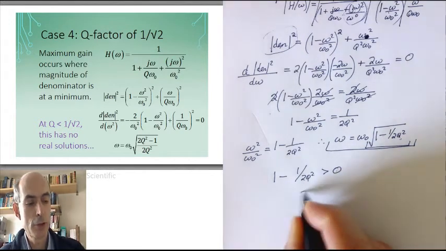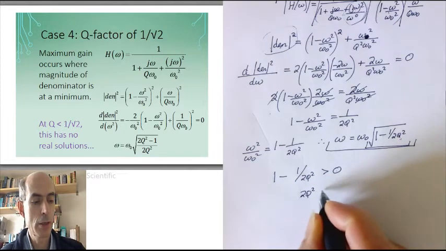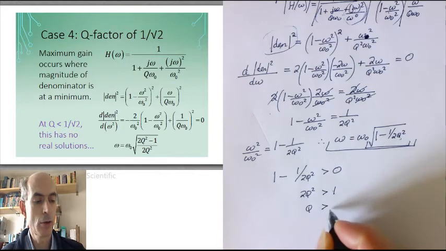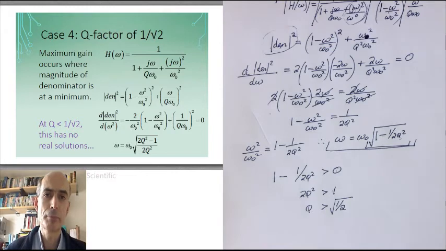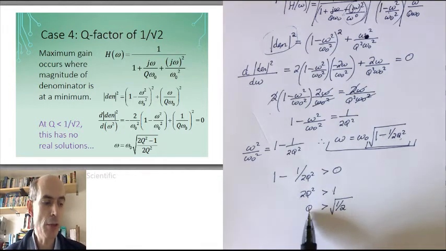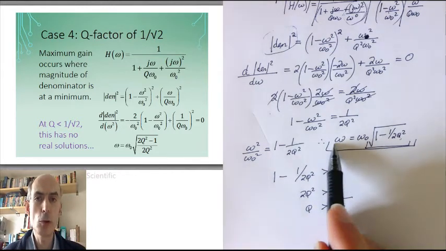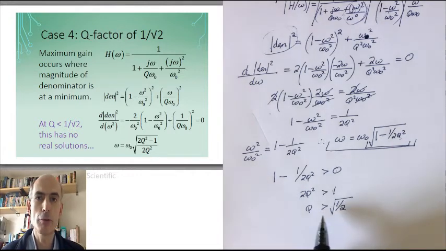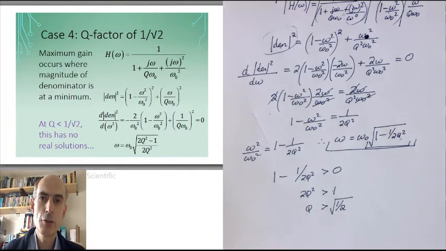And that means that 2Q squared has got to be greater than 1, or Q has got to be greater than the square root of a half. And if it isn't, if Q is less than that, then there will be no real frequency for which there is a maximum value of the gain in the amplitude response. In other words, Q of the square root of a half is the biggest value of Q for which there is no peak in the amplitude response.